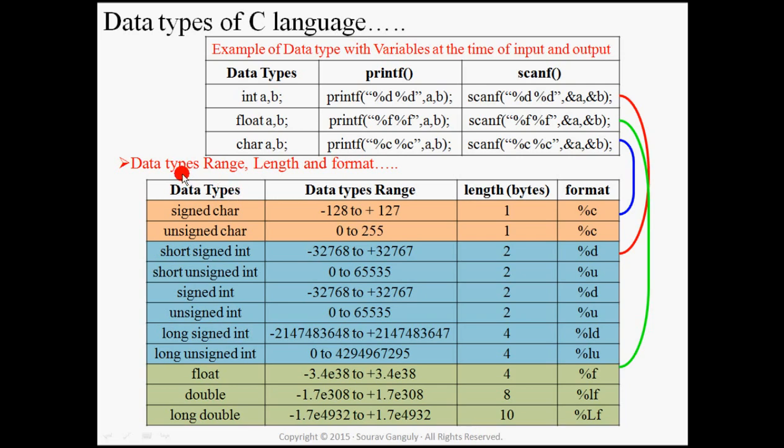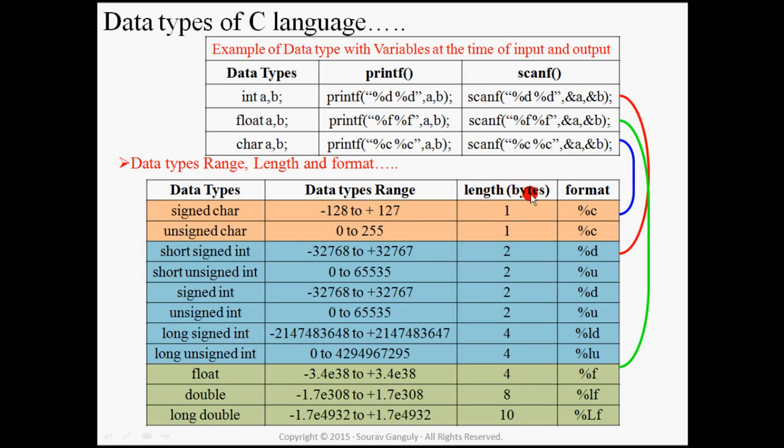Now come here, that is data type range, length and format. At first come here, signed character, unsigned character. What does it mean? It means that this character will take a value whose range is between -128 to +127.